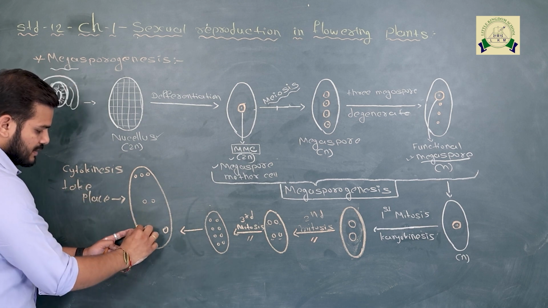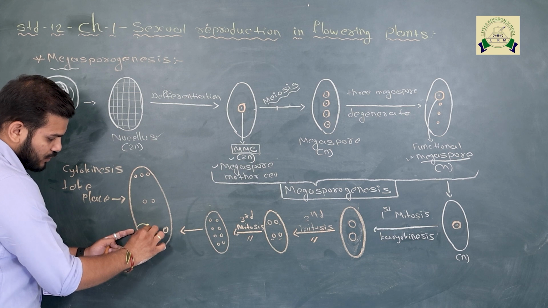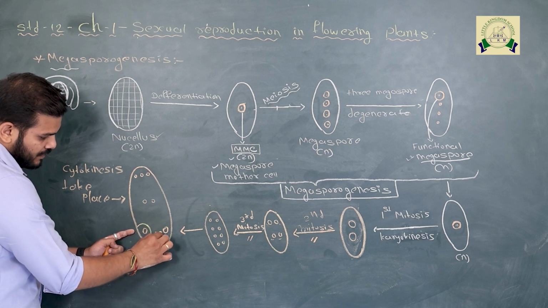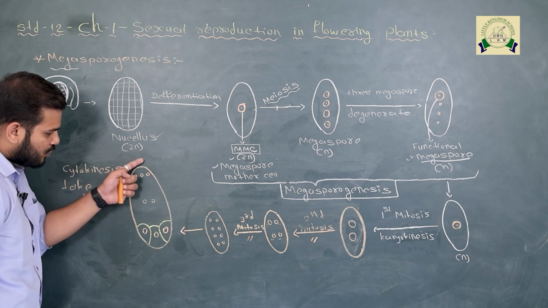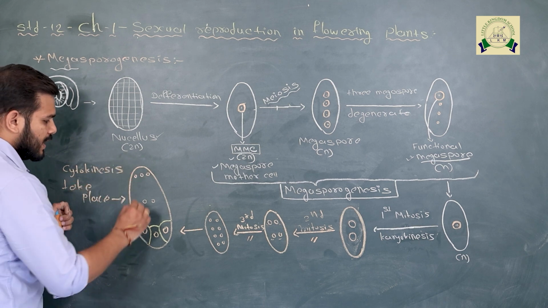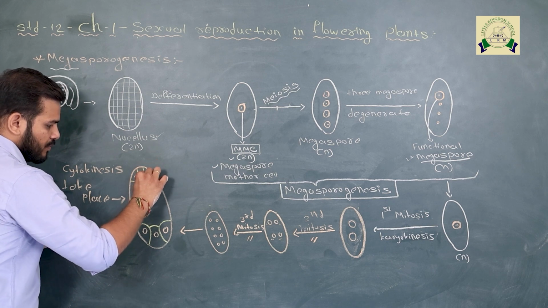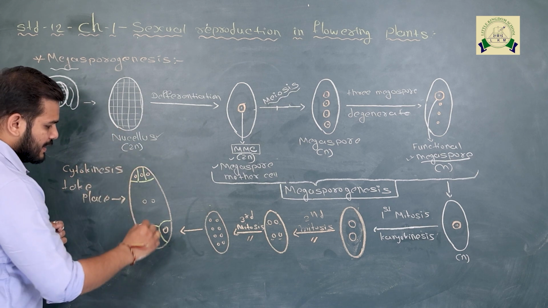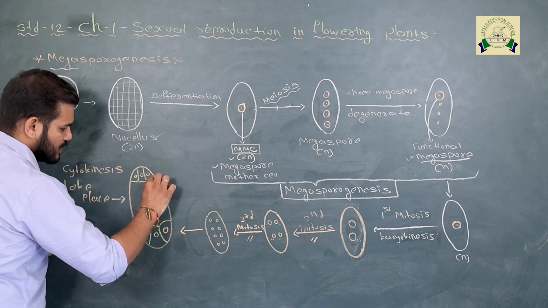See, this particular portion undergoes cytokinesis, and produces 3 cells. Clear? This other portion undergoes cytokinesis, and it produces 3 different cells. Done? And in the center, only 1 cell is produced like this.